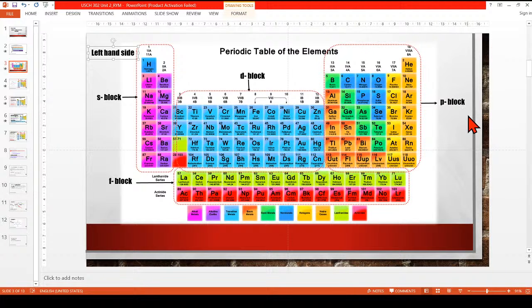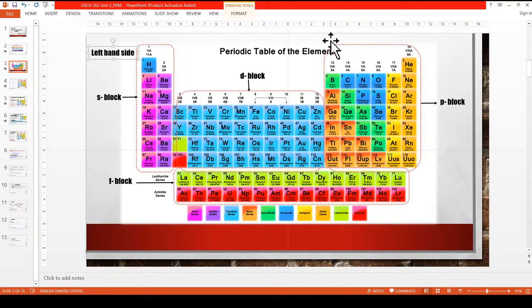Whereas in P block, the columns are 13, 14, 15, 16, 17 and 18, where column 18 elements are very special elements. They are also called noble gases, inert gases. They don't show reactions at normal temperature conditions. They are highly stable because their octet is completed.